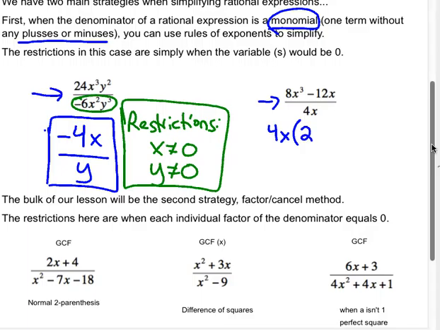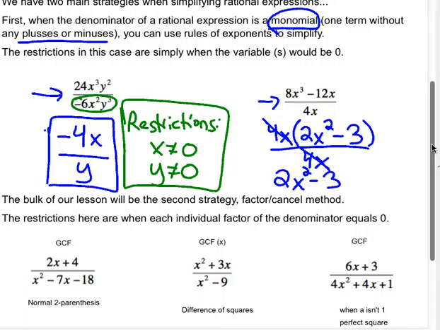X cubed, take one of those away, leaves me with an x squared. 12 divided by 4 leaves me with 3. X, take away that x, leaves me with that. And then we still have that denominator. And the neat thing is, by pulling that out, now I can cancel, and all I have left is 2x squared minus 3.